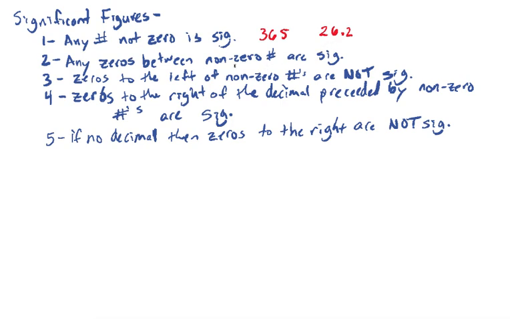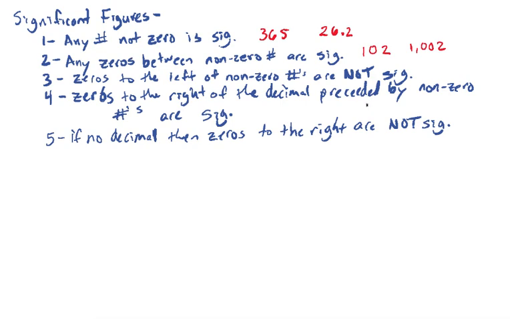Down here, any significant numbers with zeros in between, that's going to do it for it. So we could have 102 would also be three significant figures because we would count that. If we went to 1,002, that would then have 4 significant figures.